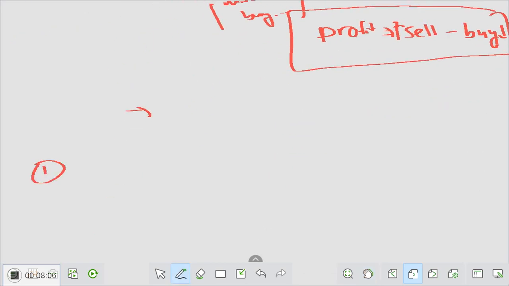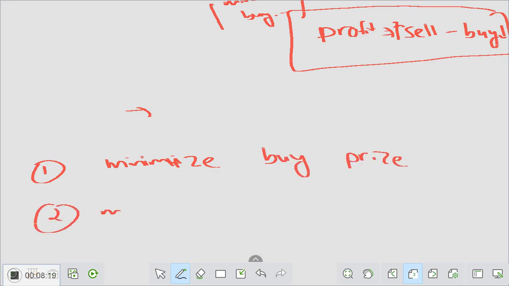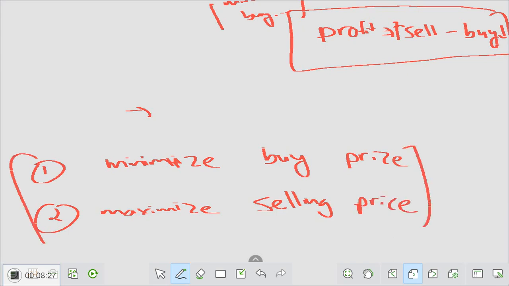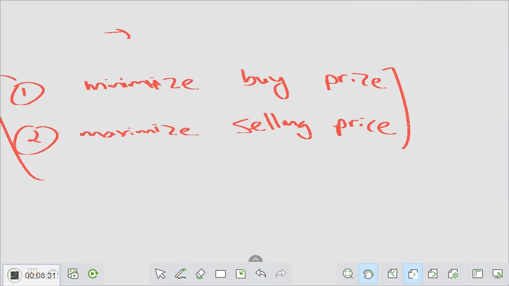The first is minimize buy price, and the second approach says maximize selling price. So these are the two approaches, and first let me explain this particular approach.